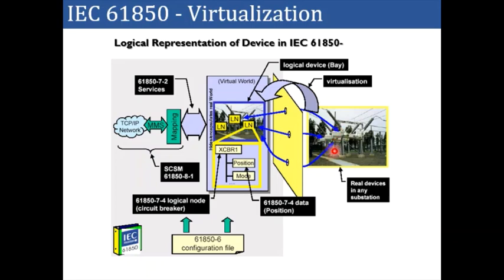So say for example, if you are mapping, the circuit breaker will be a logical node within the logical device. So that logical node will have multiple data points, say position, mode, and so on. So this will be a virtual component of the physical bay which you are seeing in the substation.